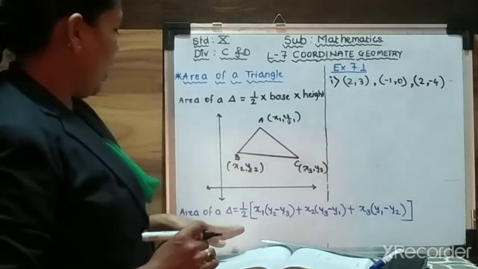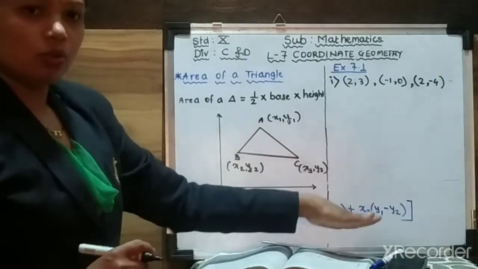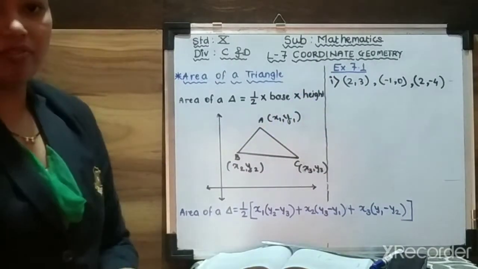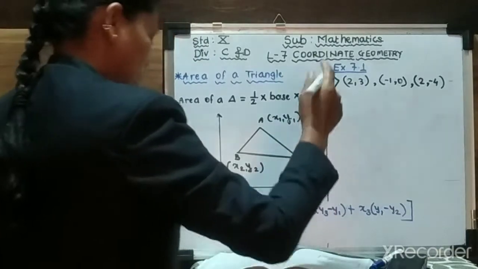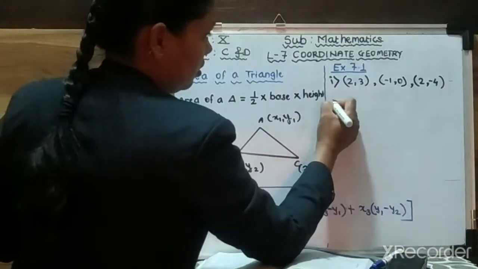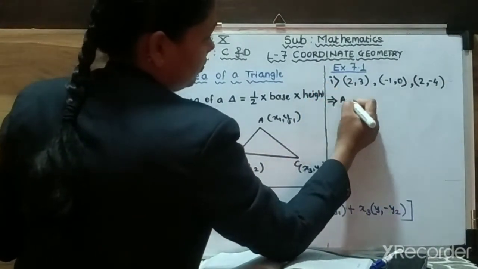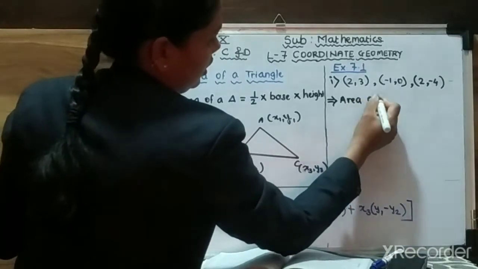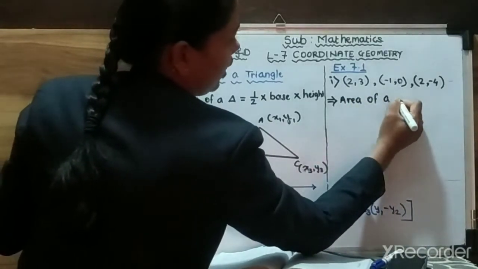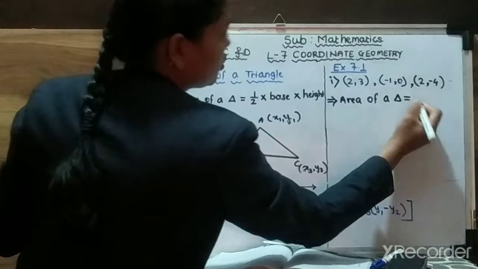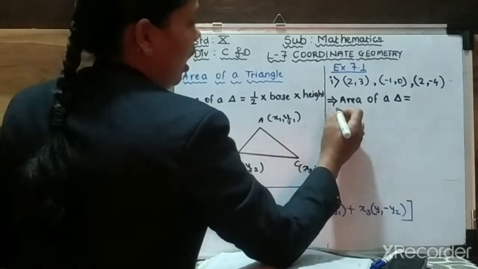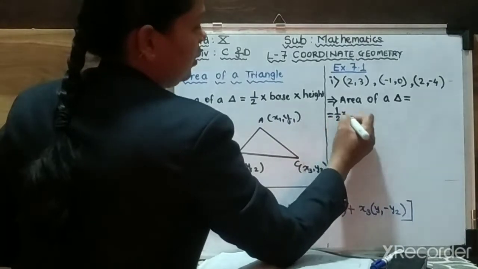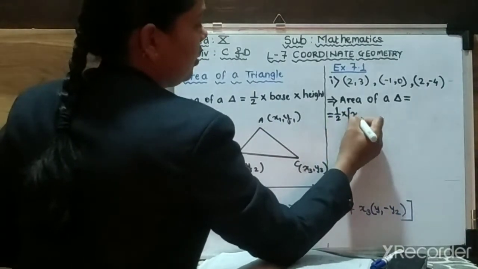As we have the formula, we will use that formula and find the area of the triangle. So we will write here: area of a triangle equals, I'll write the whole formula below, half into x1.